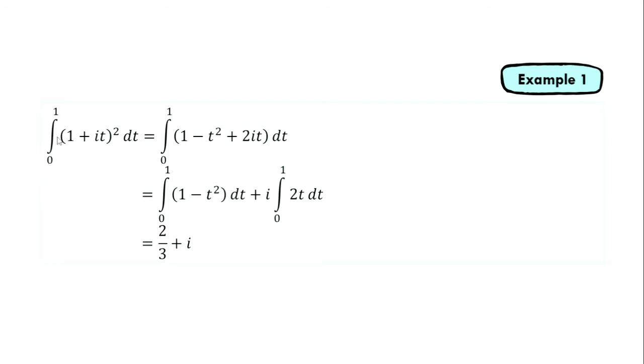So, the integral of (1 plus it) squared dt from 0 to 1 equals the integral of (1 minus t squared plus 2it) dt from 0 to 1, which equals the integral of (1 minus t squared) dt from 0 to 1 plus i times the integral of 2t dt from 0 to 1.